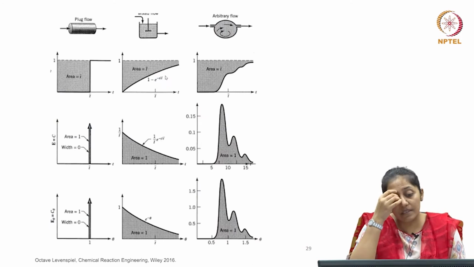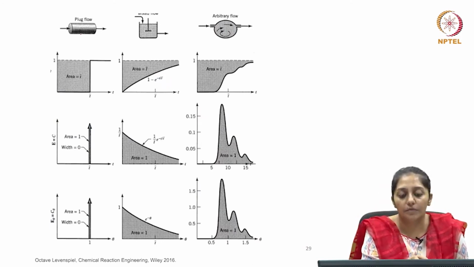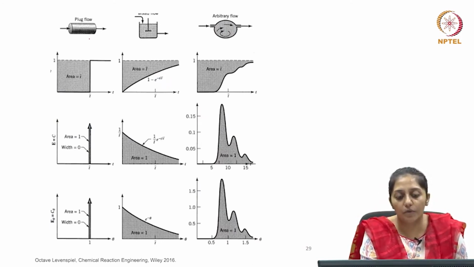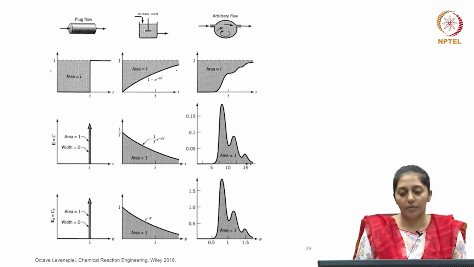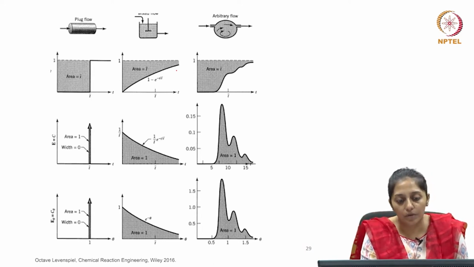If you see the slide, the first picture shows a plug flow setup, the second is your mixed flow, and the third is your arbitrary flow. For a plug flow, they have shown a step input.